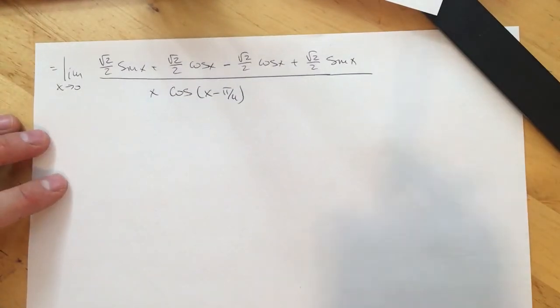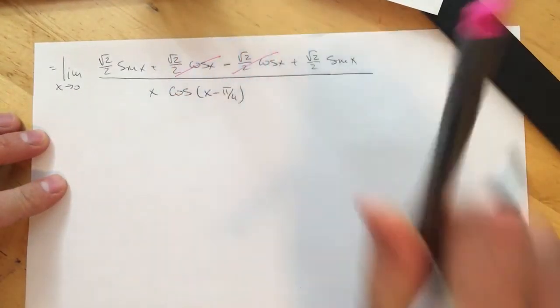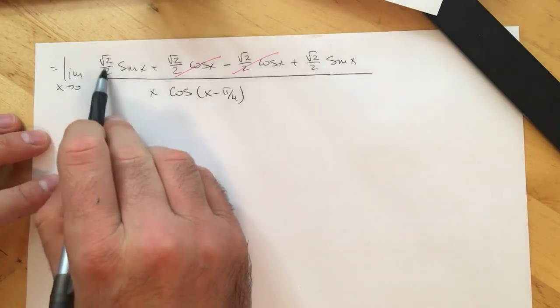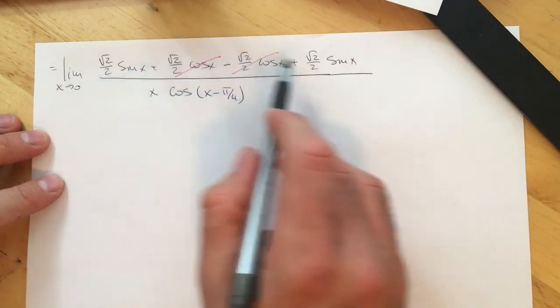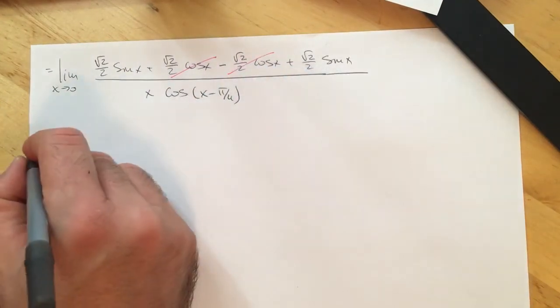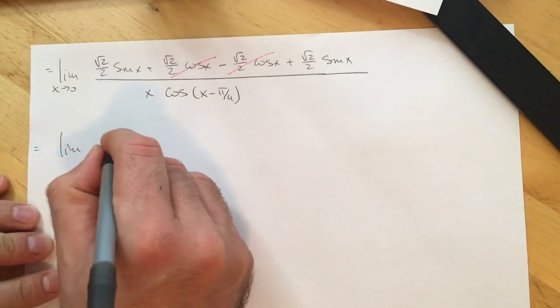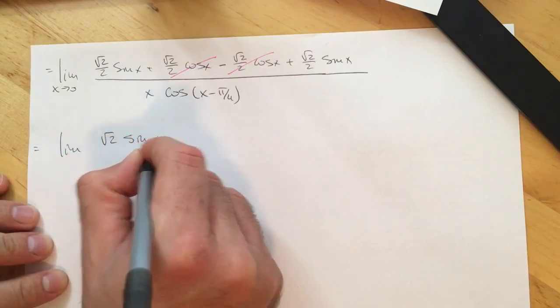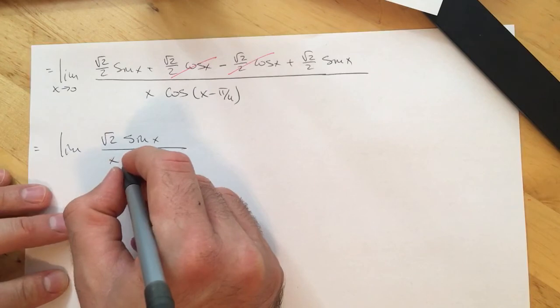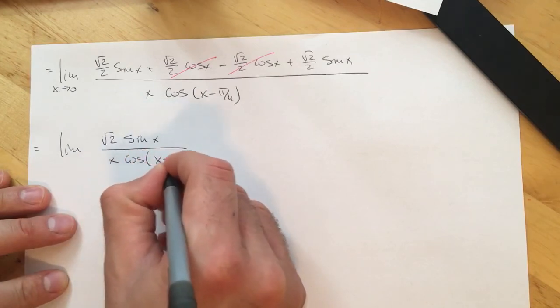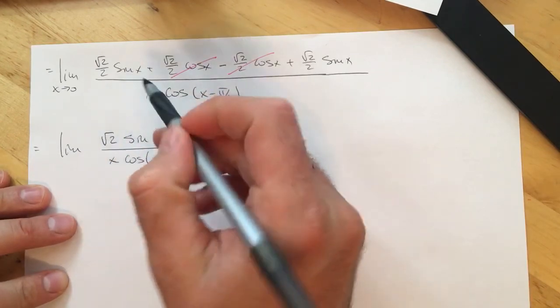But now, you can get rid of this, and square root of 2 over 2 sine of x plus square root of 2 over 2 sine of x is just square root of 2 sine of x over x times cosine of x minus pi over 4, right?